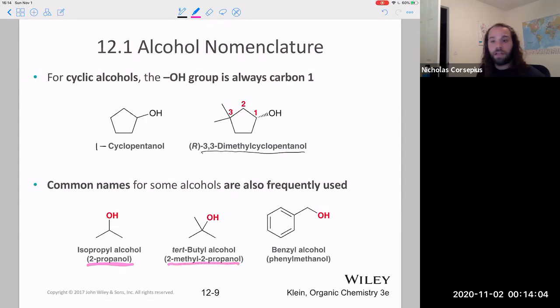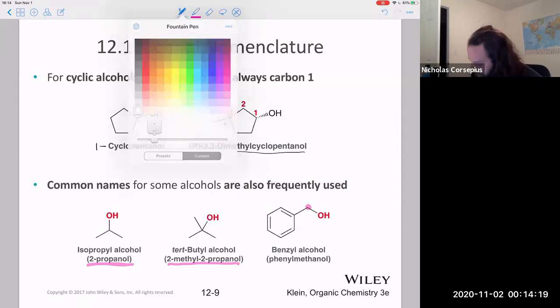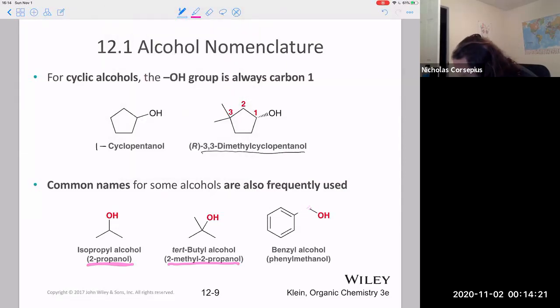But again, that has that tert-butyl group, that 4-carbon with many branches. And then benzyl alcohol, notice that this is different from phenol because the alcohol group is located one away from the ring, right? Phenol would be when the alcohol group is directly attached to the ring. Benzyl alcohol is one removed.